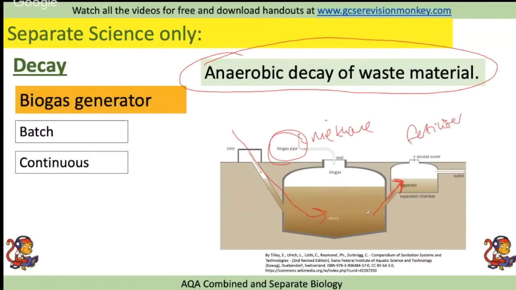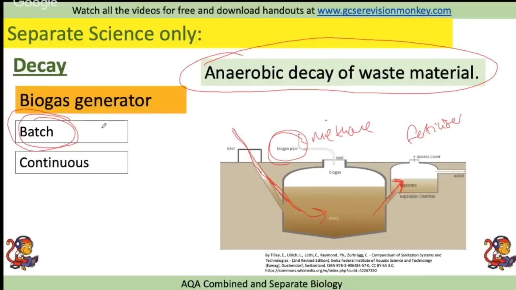Some farmers have small biogas generators, and they are batch generators on their farm, which means that they themselves shovel the waste from the farm in here, and that will produce biogas, produce methane, which they can use to generate electricity, or they'll sell it on, and to produce fertilizer. So this is just stop and start.